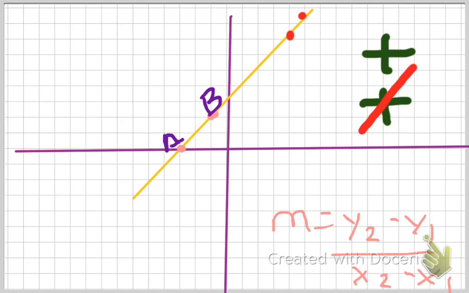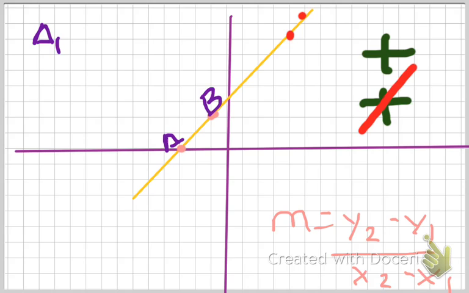Now I just need to read the ordered pair of A. The ordered pair for A is -3 and 0, because it goes over to the left by 3, and it doesn't go up or down.